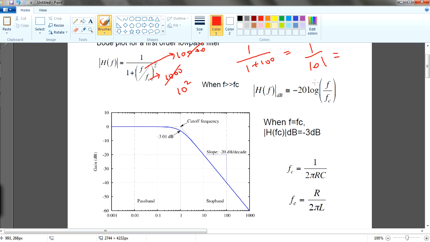If you take a logarithm of this, what do you have? Some value that is around negative 40 decibels.